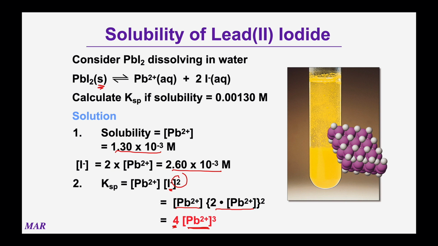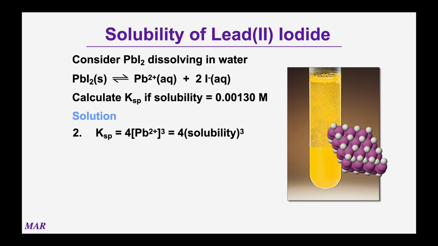And I'll talk about why I'm doing it this way in just a second. To figure out KSP, there's 2 ways you could do it. You could literally take the lead and multiply it by the iodide squared, and that's fantastic. But if you go through a little math, you'll also see that KSP equals 4 times the lead ion to the third power. And there's a use for that here. I'll show you in a little bit.